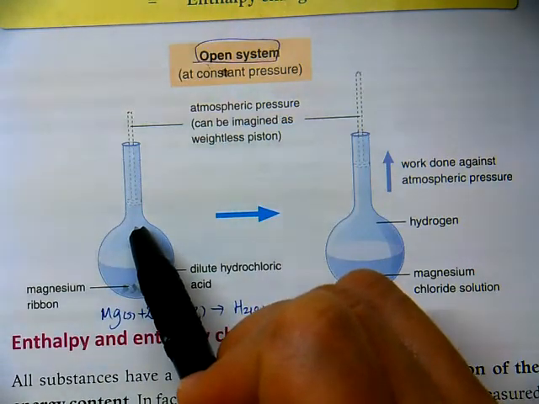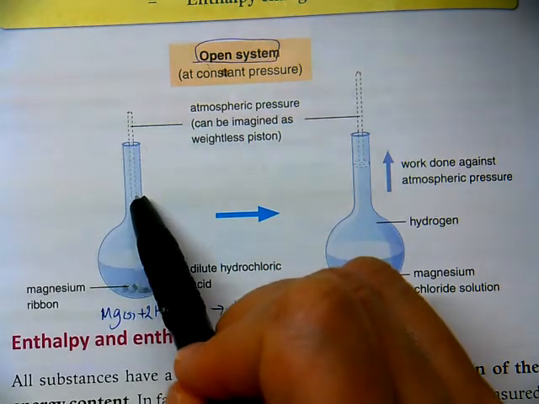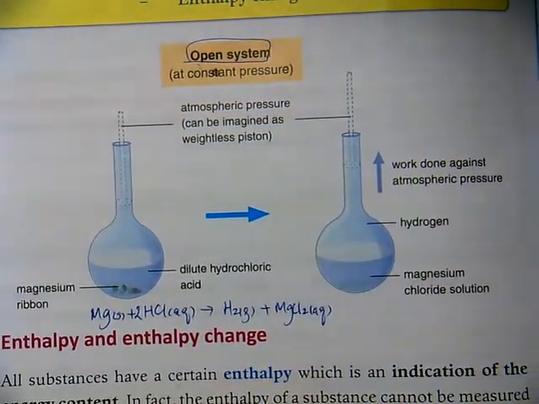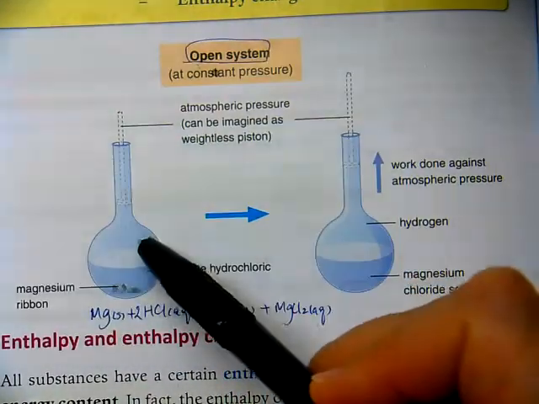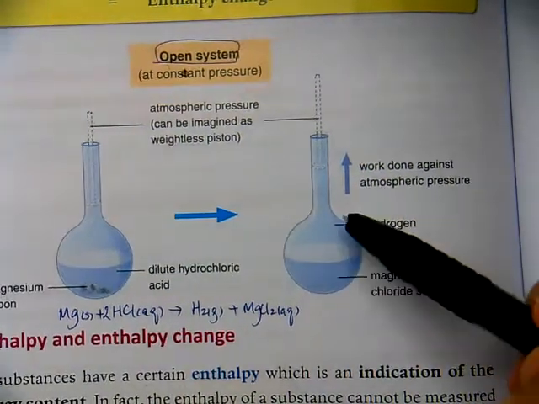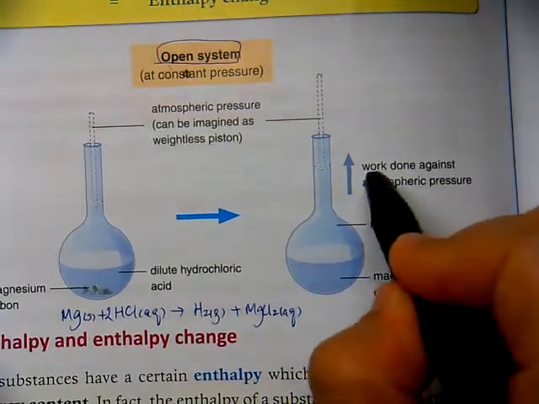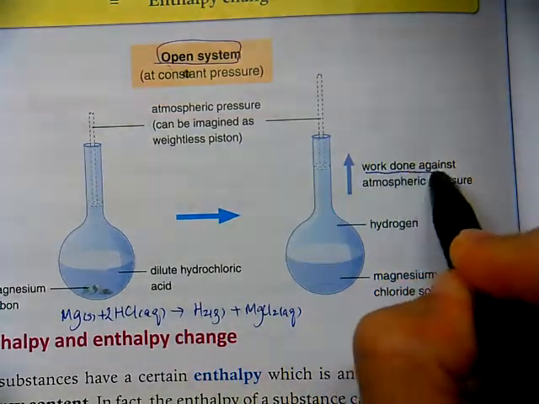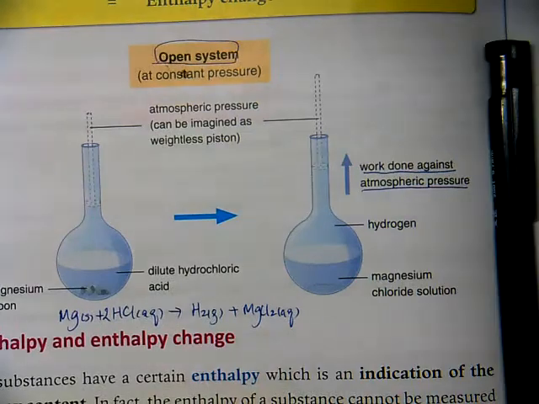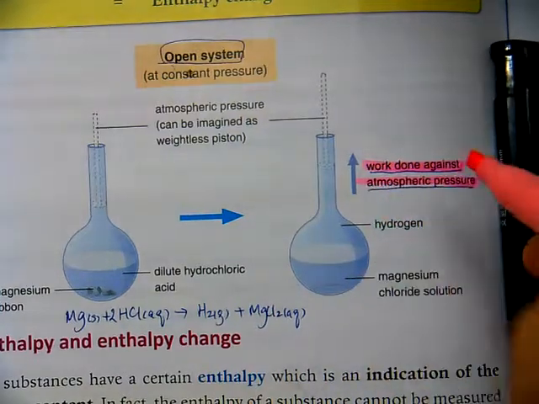As hydrogen gas is produced, it will push this weightless piston up and up and up, so that the pressure inside the flask remains constant. While you are pushing up the weightless piston, actually you are doing work. Work done against atmospheric pressure. Highlight this sentence: work done against atmospheric pressure.